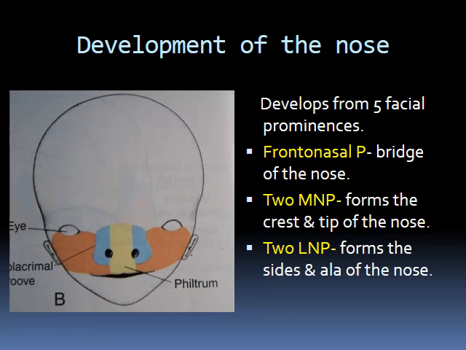So together, after fusion, the medial nasal prominence forms the crest as well as the tip of the nose, and the 2 lateral nasal prominences, they form the sides as well as the ala of the nose. So blue color represents the lateral nasal prominence. The yellow color represents the medial nasal prominence.